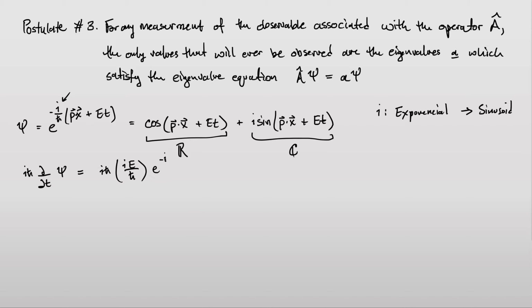I'm going to put a negative here because then we'll see why. By putting a negative here, we're just changing the sign in the exponent, because sine is antisymmetric, so by putting a negative out here we have to put a negative right here.